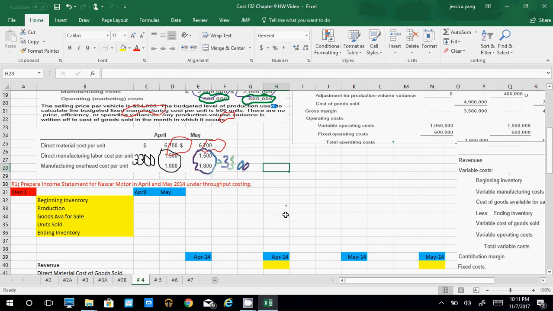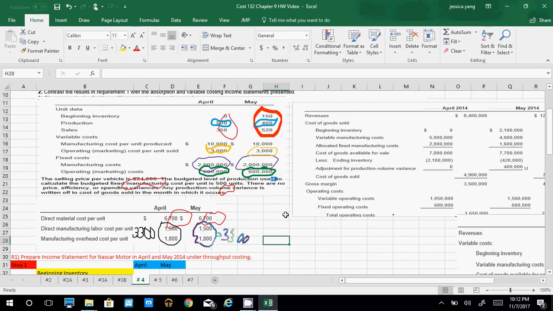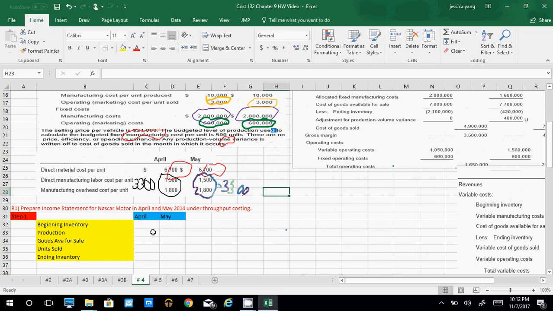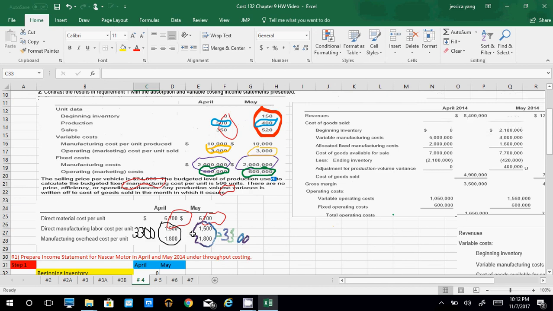To begin, we must find beginning inventory, production, goods available for sale, units sold, and ending inventory for April and May. The beginning inventory for April is zero units. In production, there are 500 units.